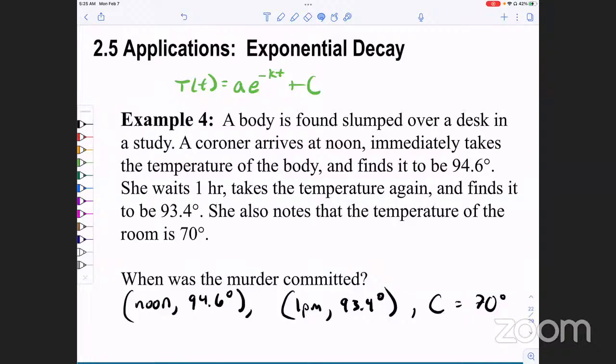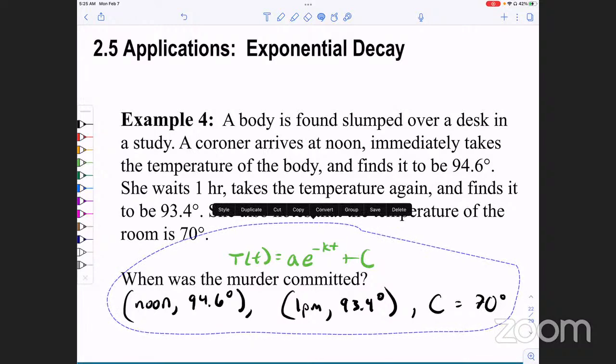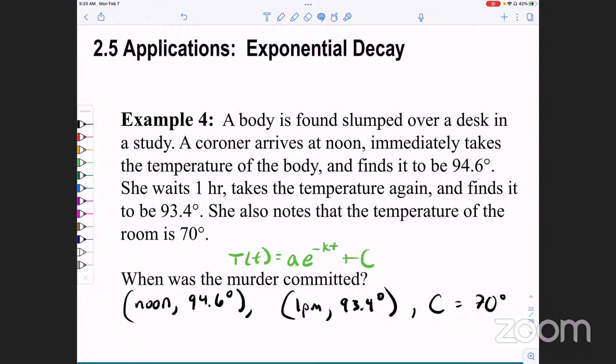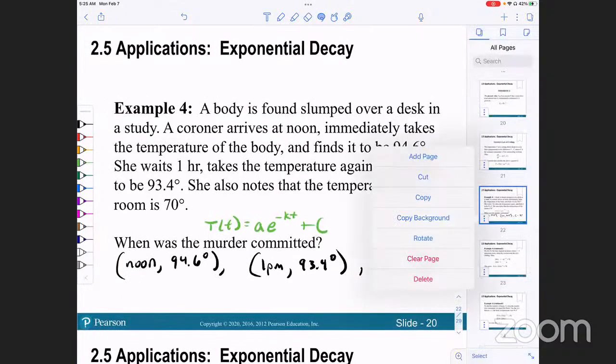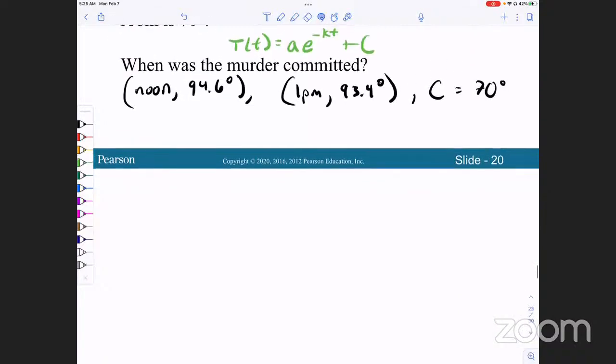Let noon be when the time is 0. We're going to let that be time 0.